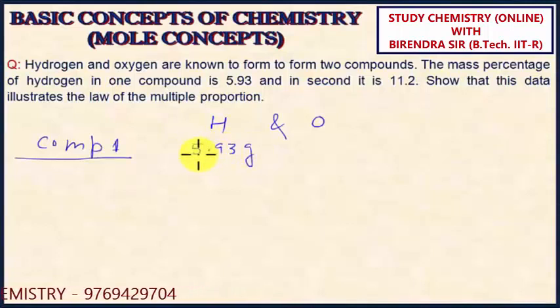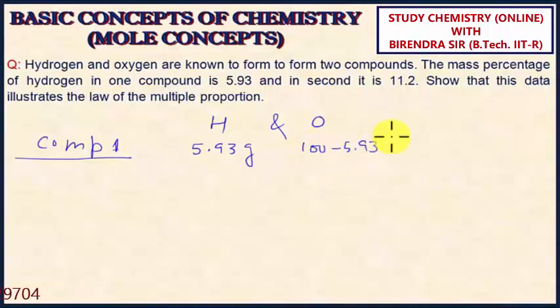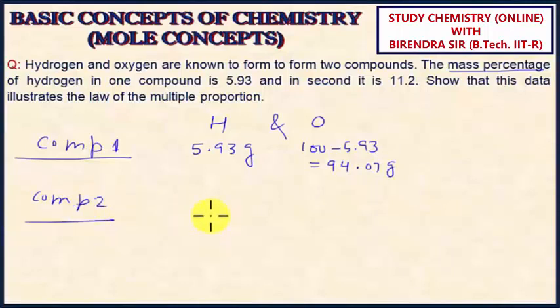In the data it is given that compound 1, the hydrogen is 5.93 gram, oxygen will become 100 minus 5.93 because this is mass percentage. So this value is 94.07 gram. In compound 2, the mass of hydrogen is given as 11.2 gram.